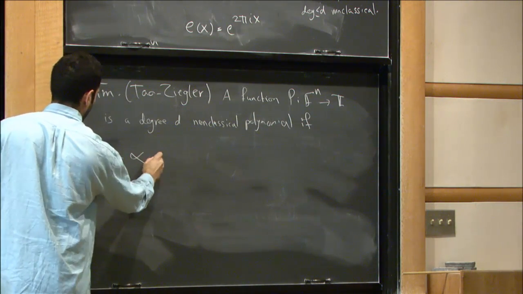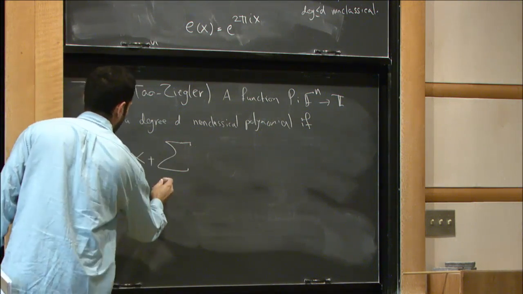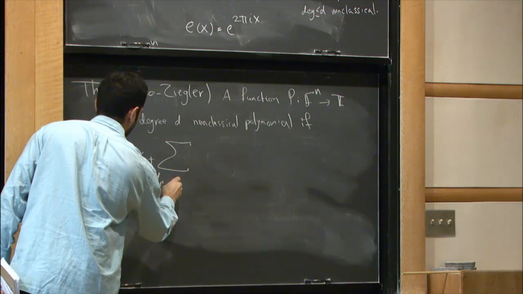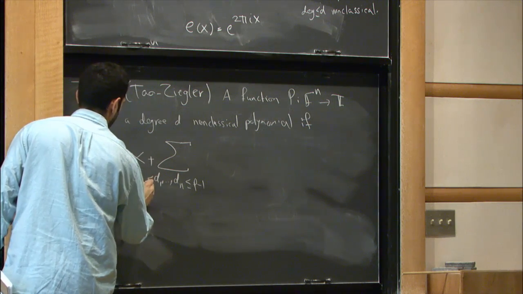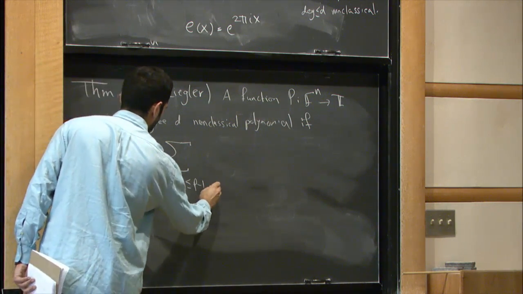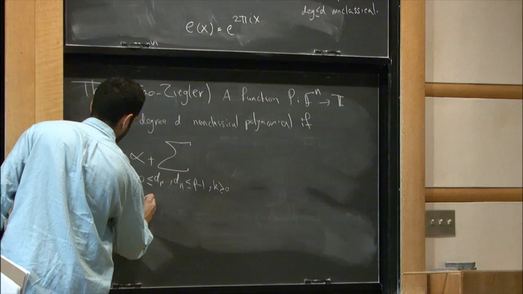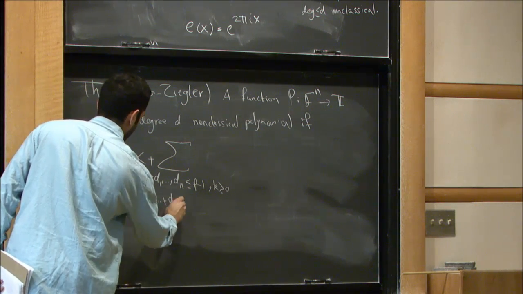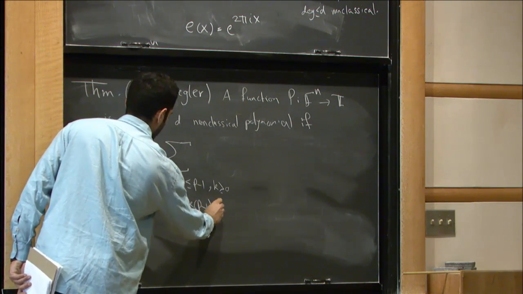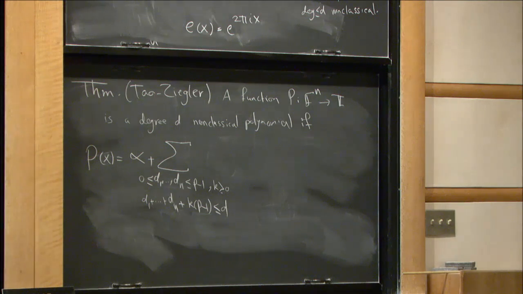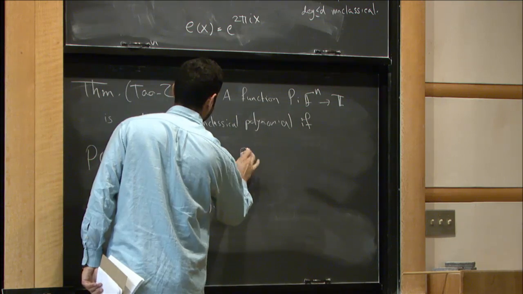It's a shift of the following: we have d_1 up to d_n, which are less than or equal to p minus 1, and we have a k that's greater than or equal to 0. And we require that d_1 plus up to d_n plus k times (p minus 1) is less than or equal to the degree. So it's somewhat technical.